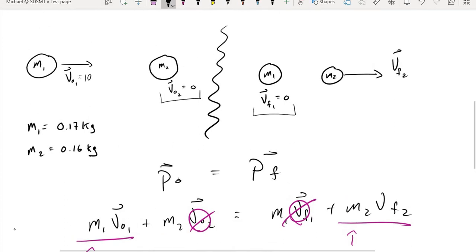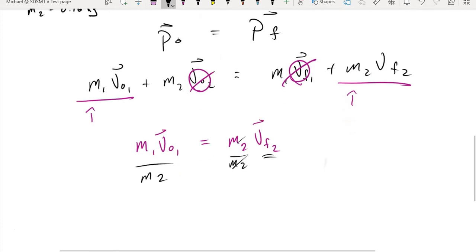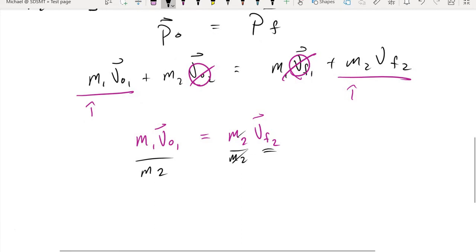Let's say that the initial velocity of the cue ball was 10 meters per second when it collided with the 8 ball. 8 ball was stationary, and so if I want to know the final velocity of the 8 ball after the collision, all I have to do is divide each side by mass 2, and I'll have my answer.